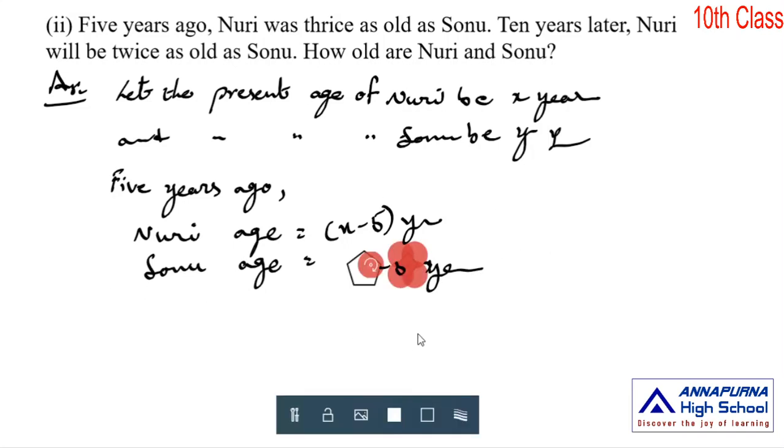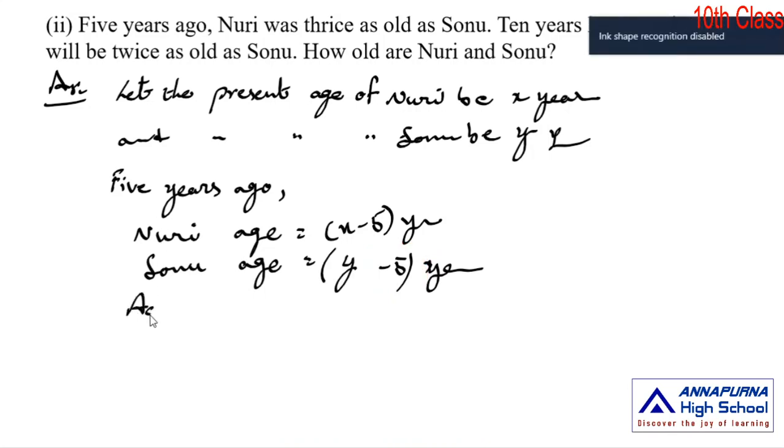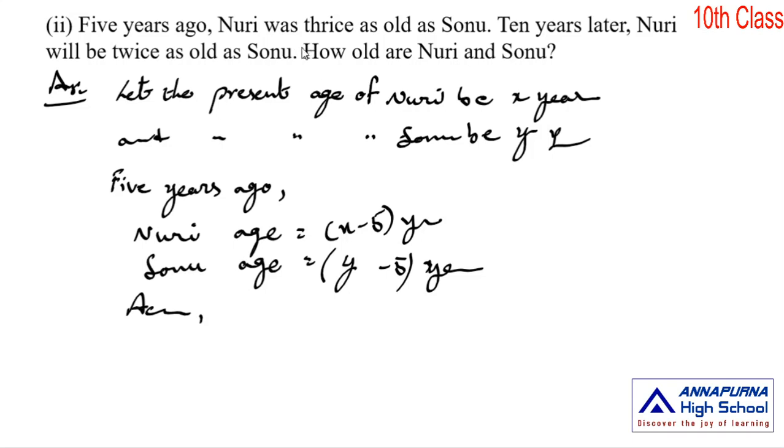So according to the question, Nuri was thrice as old as Sonu. Nuri was thrice as old as Sonu means Nuri's age was 3 times Sonu's age. So 5 years ago, Sonu's age is y minus 5 years. 3 times means 3 into y minus 5.